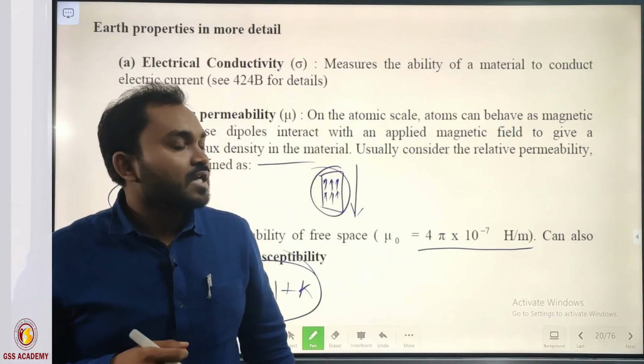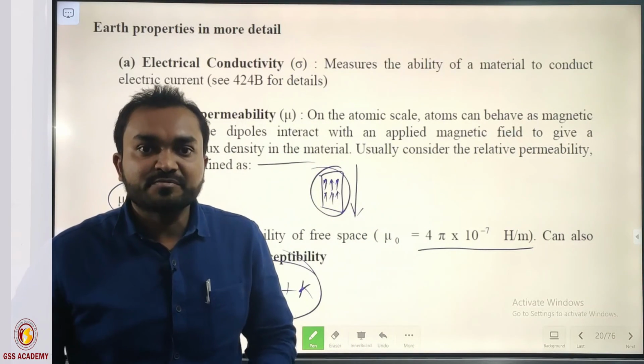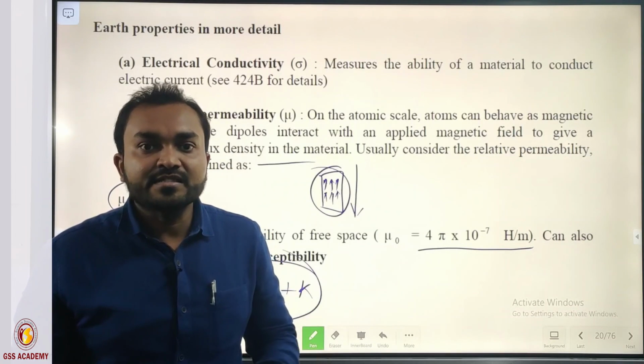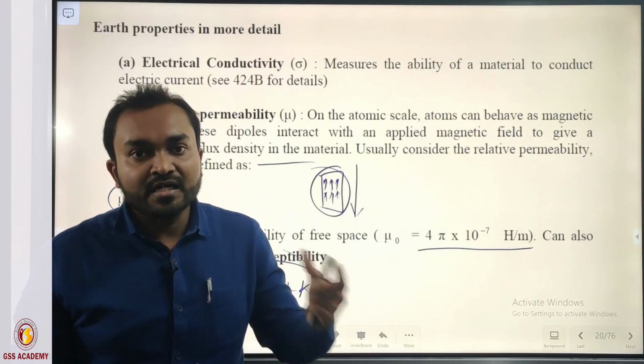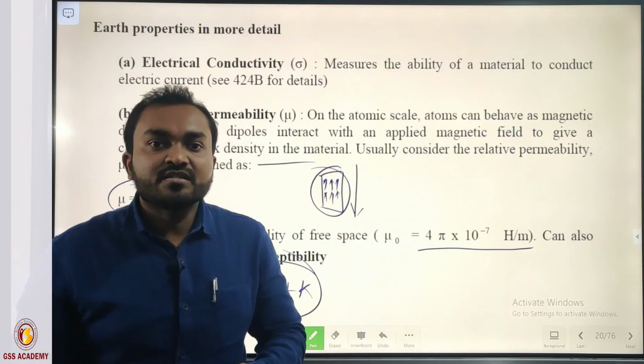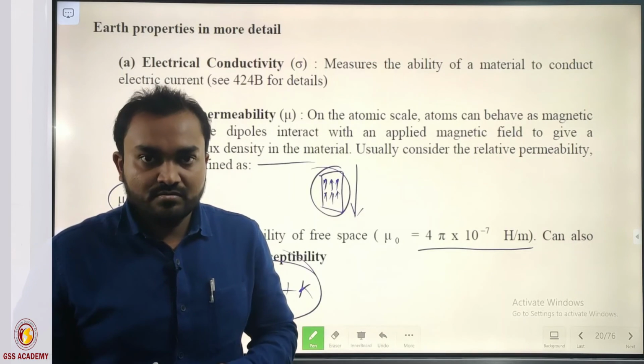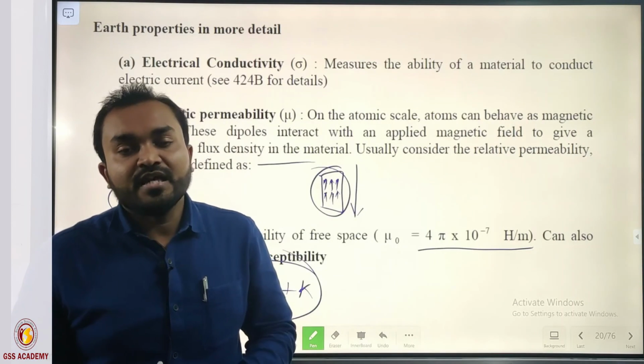If we consider the free space permittivity as the same as the material permittivity, then if R is very, very large, diffusion will happen. If R is small, then wave propagation will happen.